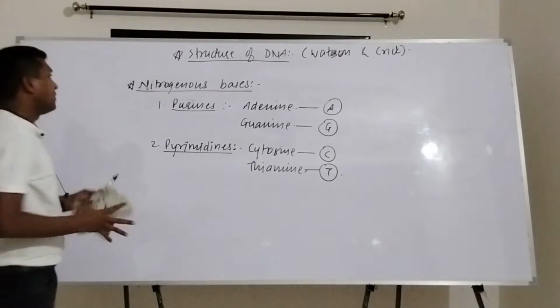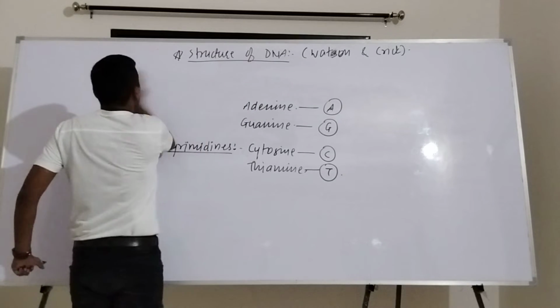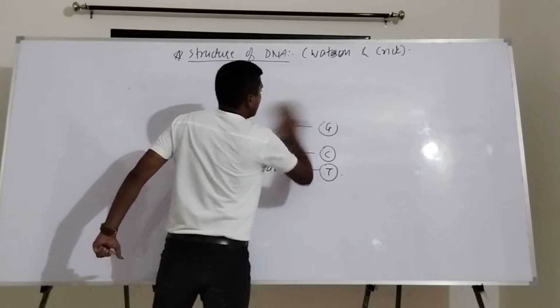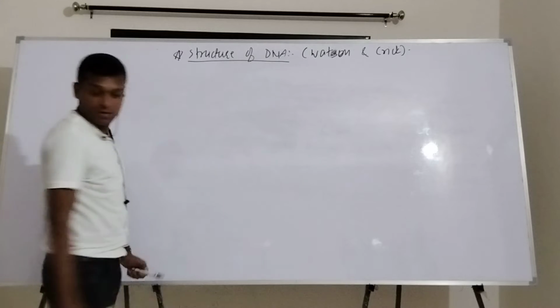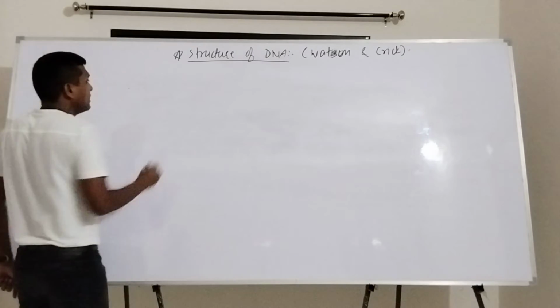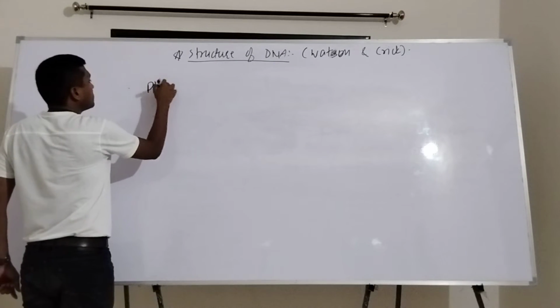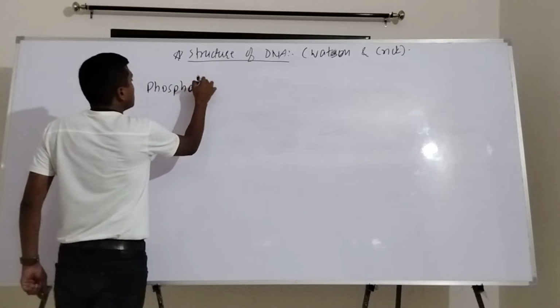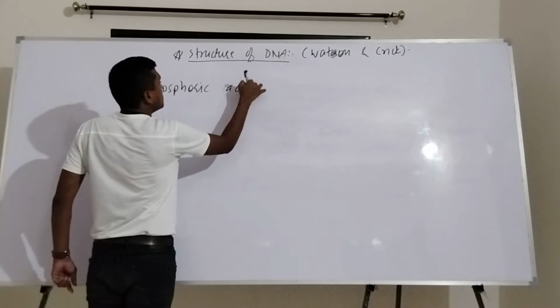The third component of the DNA is called the phosphate group. Phosphate group basically comes from an acid called phosphoric acid.